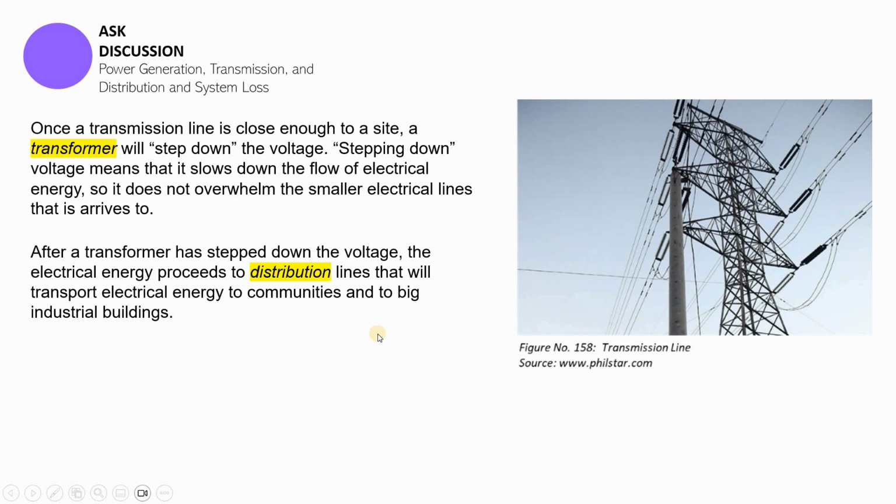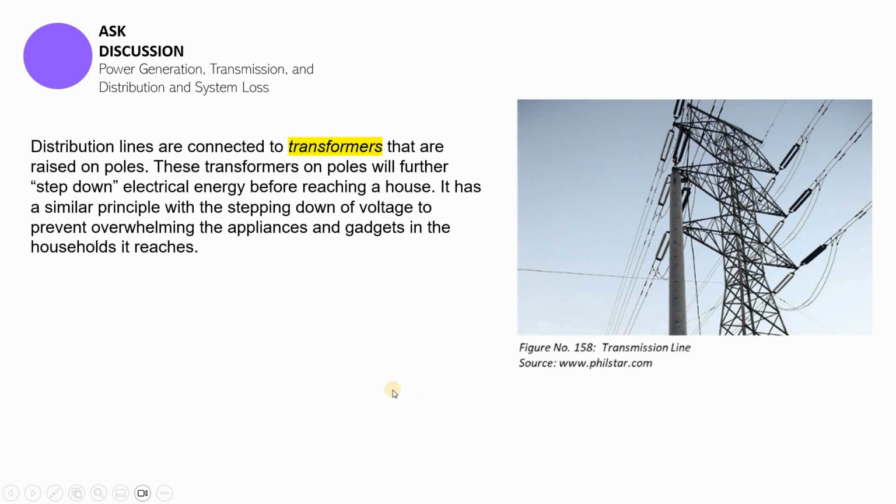So, kapag halimbawa yung flow of electricity is already good, na pwede na siyang mag-power up ng mga outlets without making said outlets explode, it now is going to be distributed to houses, to industrial buildings. Now, distribution lines are connected to transformers raised on poles. These transformers on poles can actually step down the electrical energy even further.